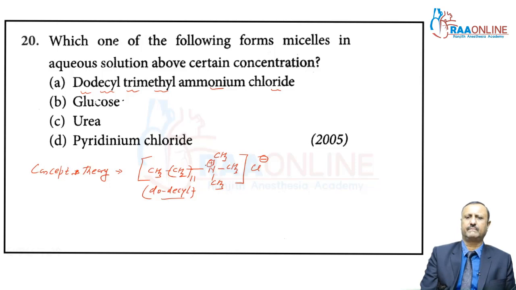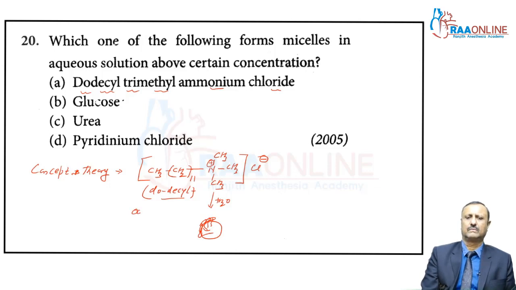is used as a detergent, my dear students. When this detergent is dissolved in water it forms a micelle. You know the micelle: this hydrocarbon part is insoluble in water, but this part is a positive polar part which dissolves in water. So you can form this type of micelle, and this is the grease.